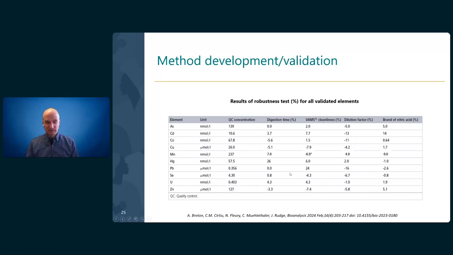So for lead as well, as you can see, the cleanliness might impact the results as well as the dilution factor. So there are some factors that, once we develop and validate the method with these parameters, we should not deviate too much from, because the results ultimately will be impacted.